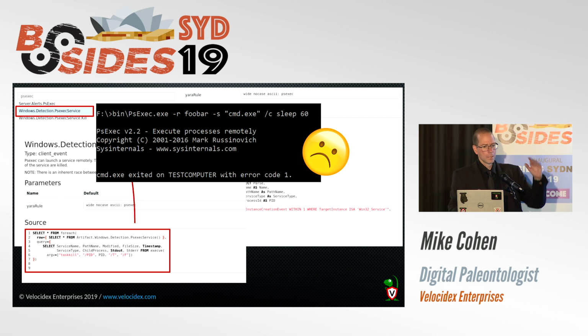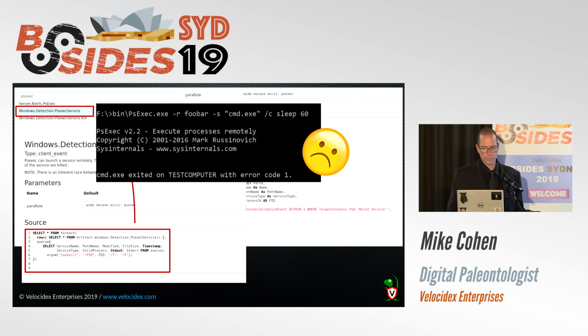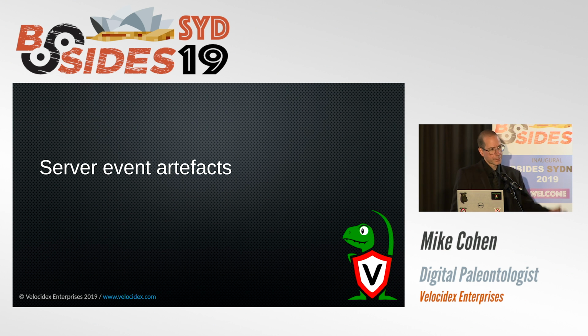The first artifact was about detection, and then the second artifact is about taking action, so response. And then there we go. There is actually a bit of a race condition here, because you detect it, then you kill it, so you might not kill it fast enough, right? But all right, so that's an example of events running on the client, on the endpoint.